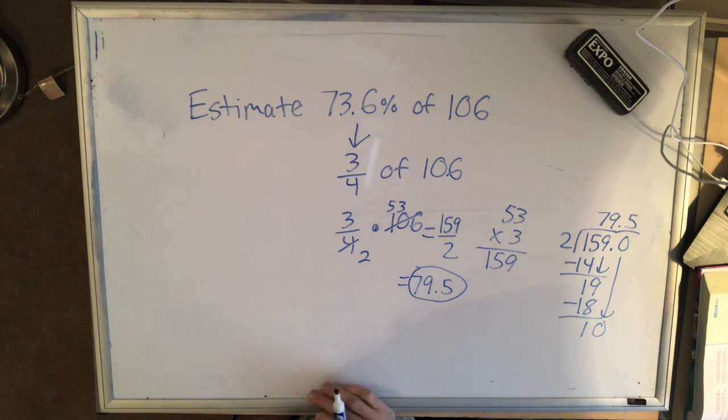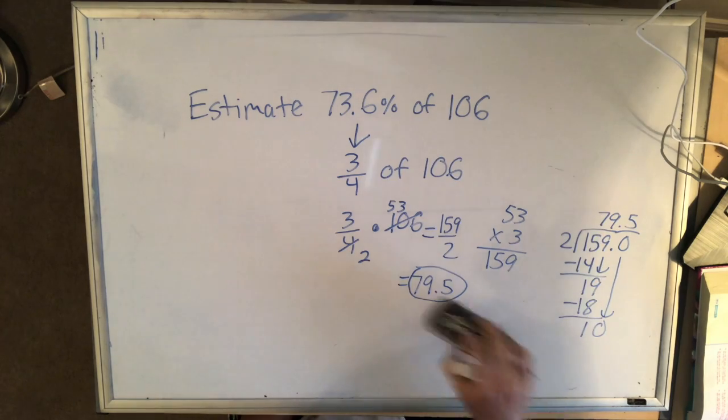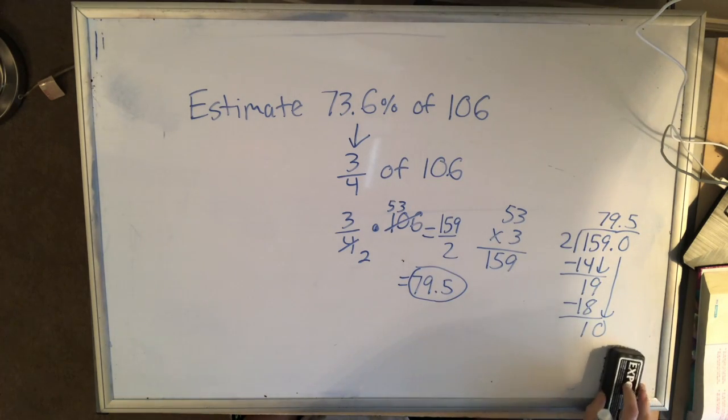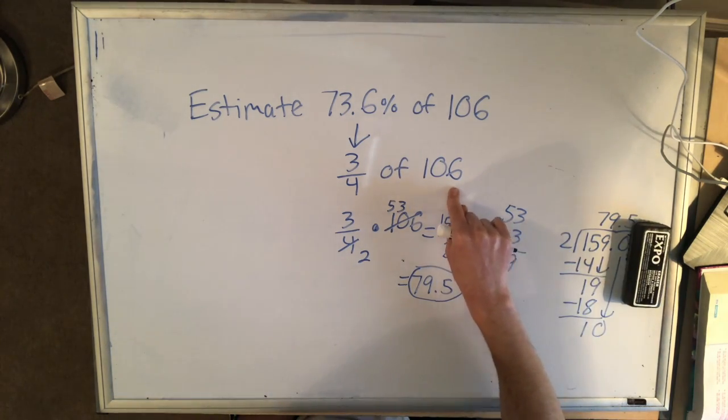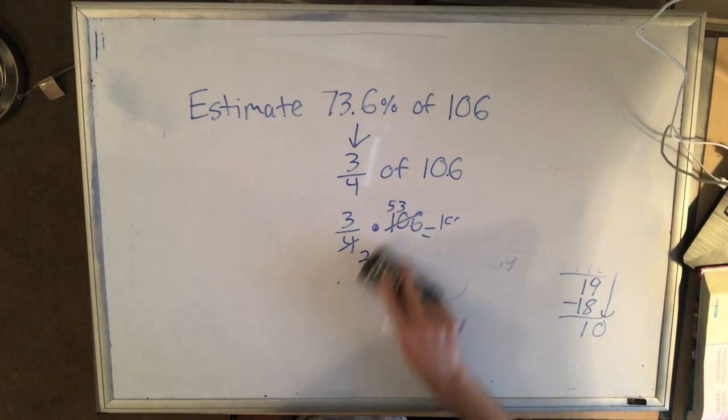Okay, that was a little bit tricky to do in your head. A main part of estimation is to be able to do it quickly in your head. So another way we could have approached this problem is we could have rounded 106 to 100.